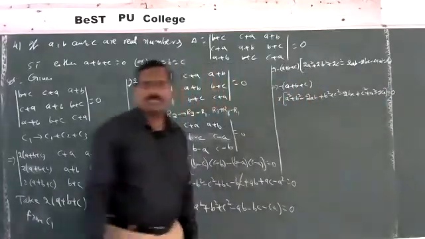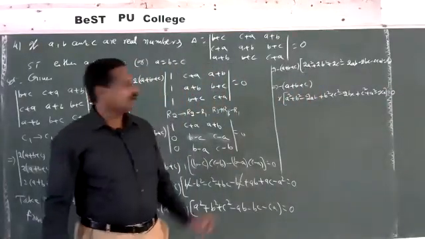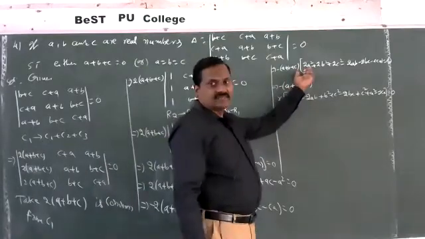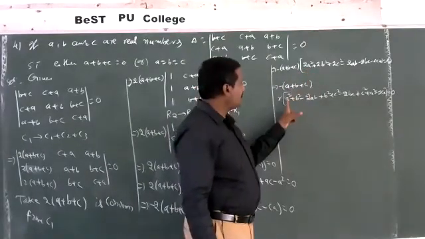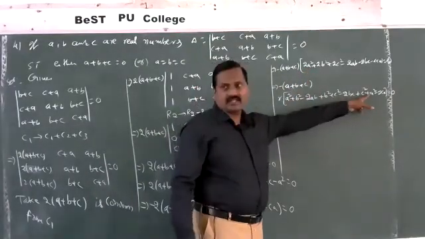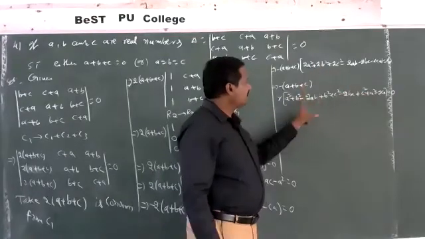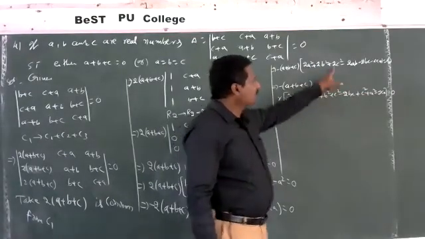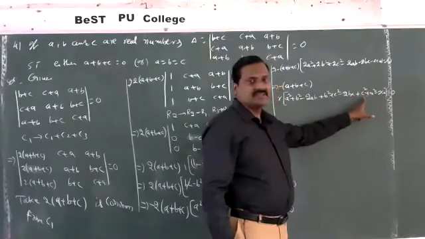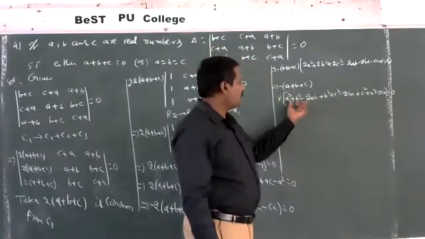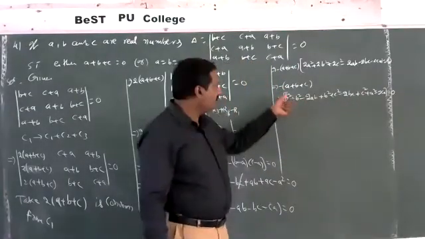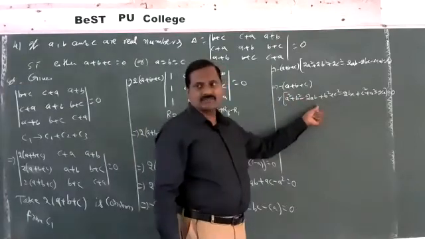Are you followed here? We know the formula in the form of a square plus b square minus 2ab.